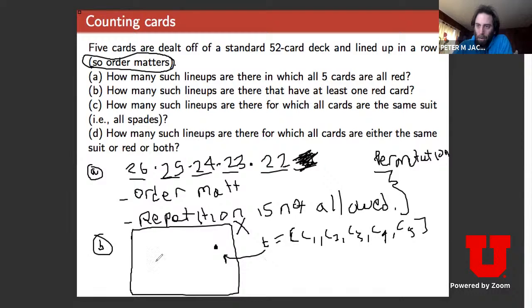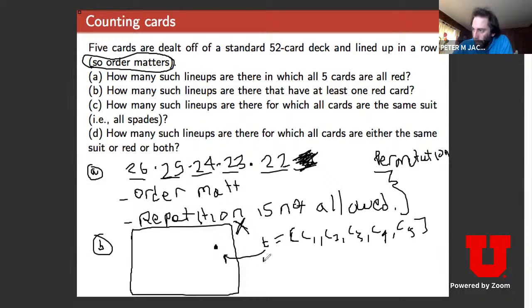In fact, we can count up the number of points in X. There are 52 choices for the first card, 51 choices for the second, 50 choices for the third, 49 for the fourth, and 48 for the last one.